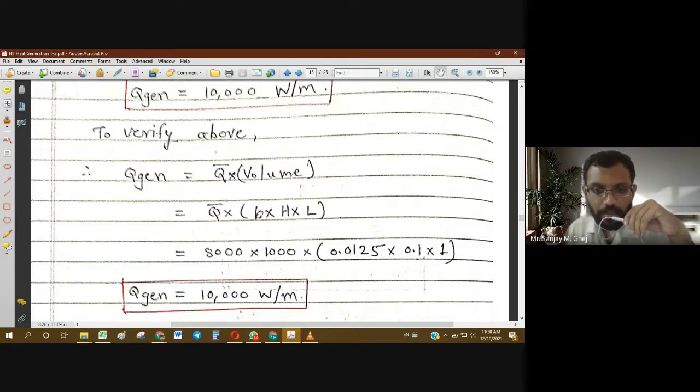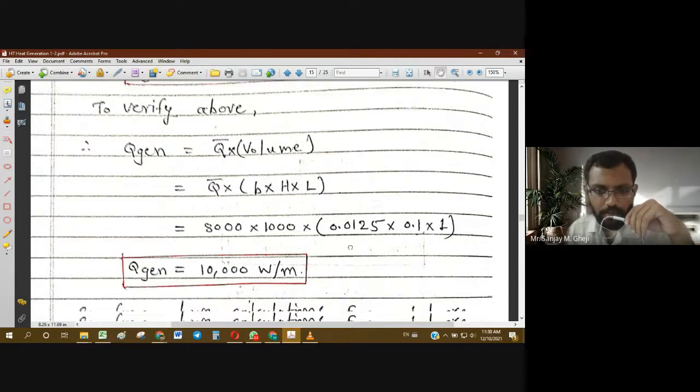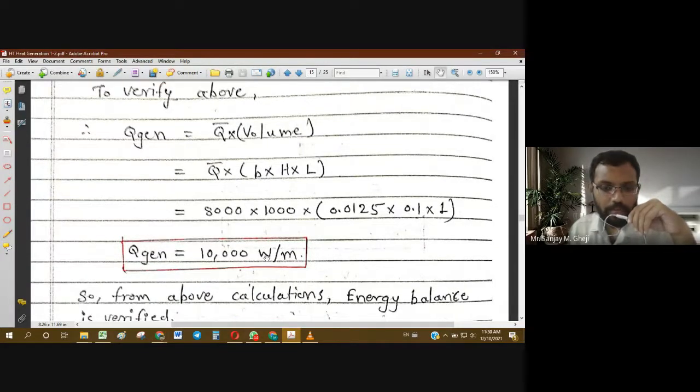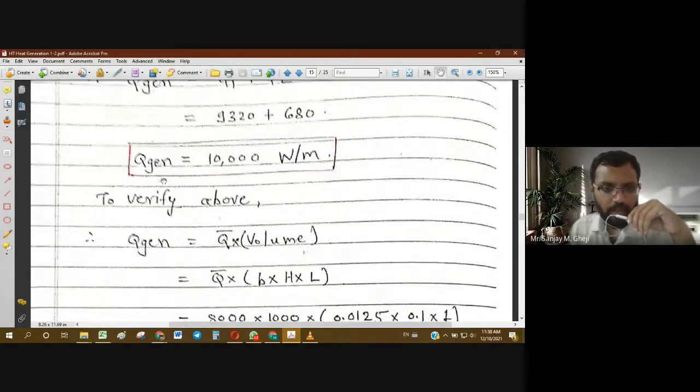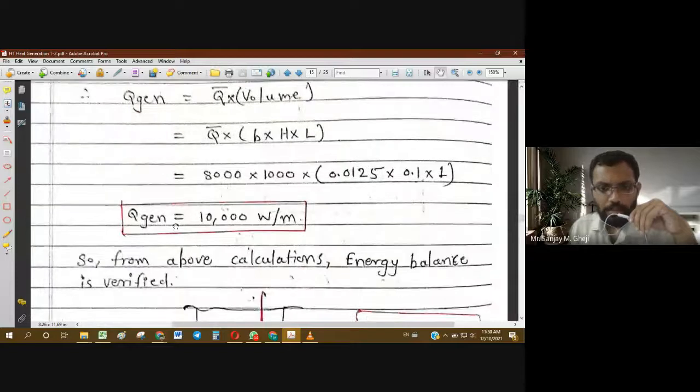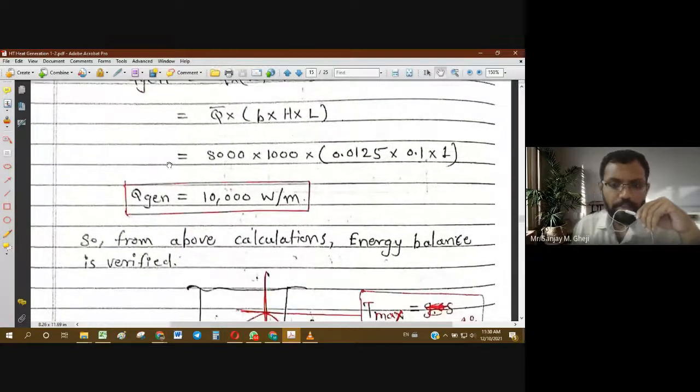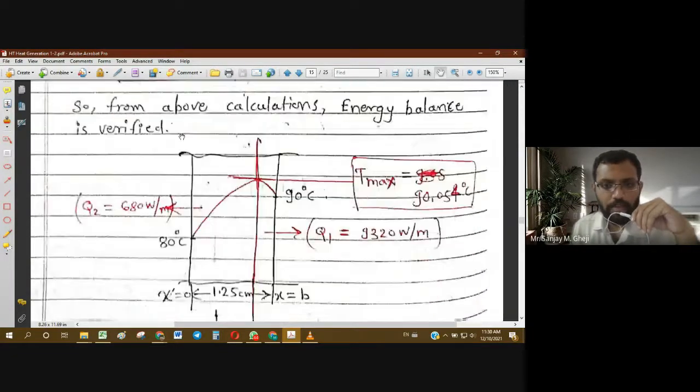Volume of the wall is width into height into length. So put in all SI units, and you get the same 10,000 watt per meter. So both are well verified. It means that whatever we have done is correct.